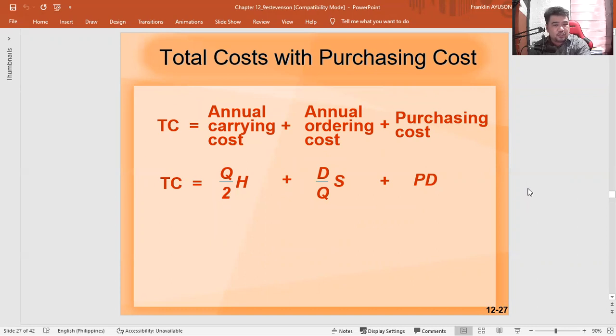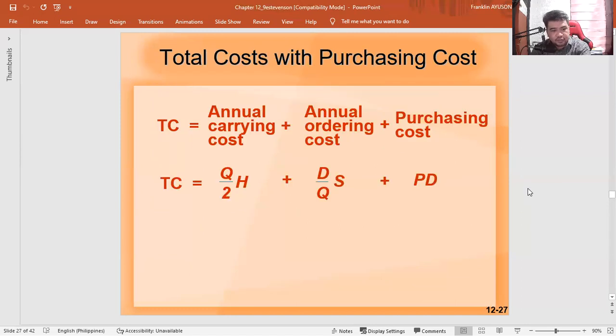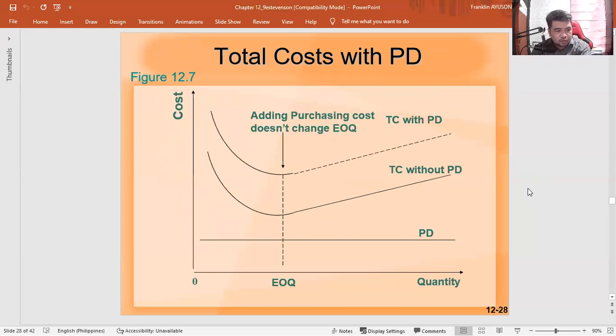Again, this cost is besides our production. We are only dwelling with regards to inventory cost. So first we consider our total cost with purchasing cost and without purchasing cost.